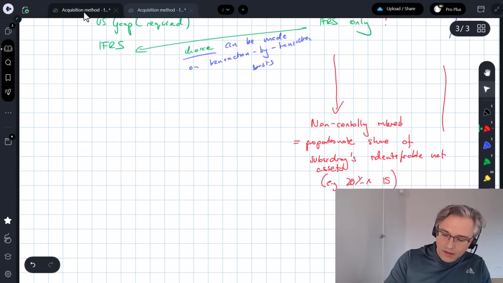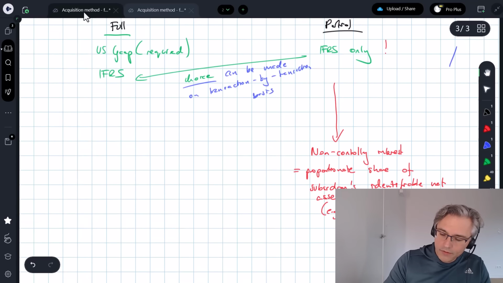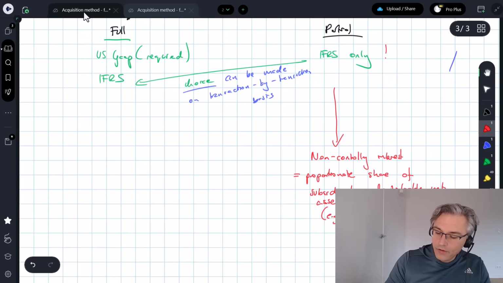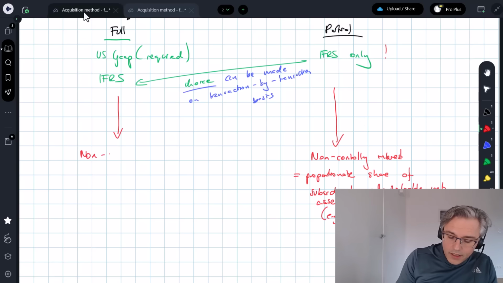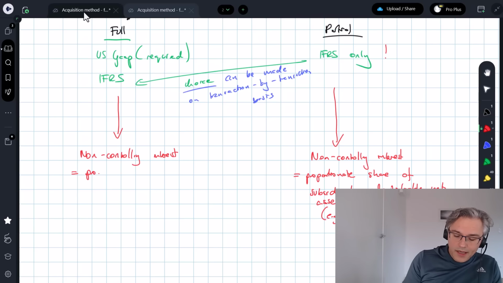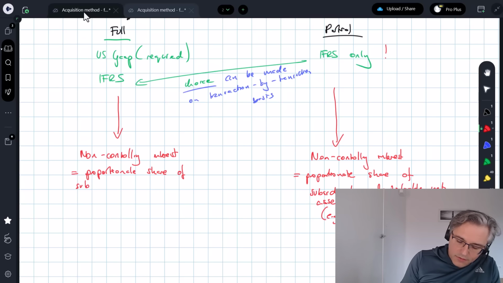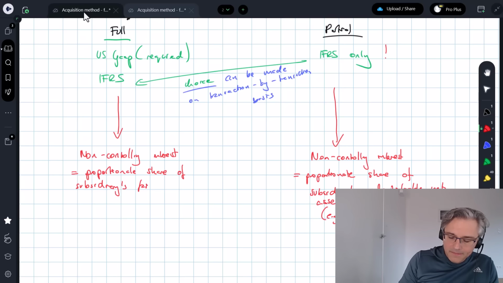Whereas if you are either forced to, because you're reporting under US GAAP, or you've decided to, if you're reporting under IFRS, to follow the full method, non-controlling interest will be equal to, once again, our proportionate share, but not of the subsidiary's identifiable net assets, of the subsidiary's entire fair value.